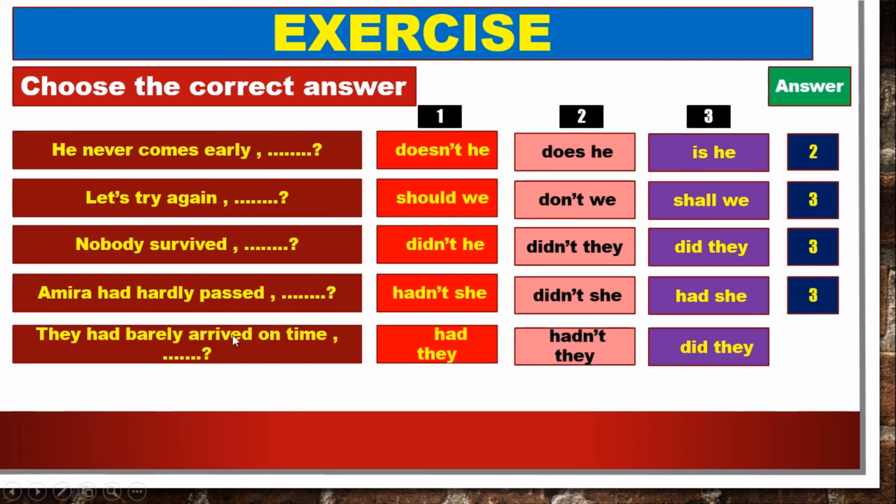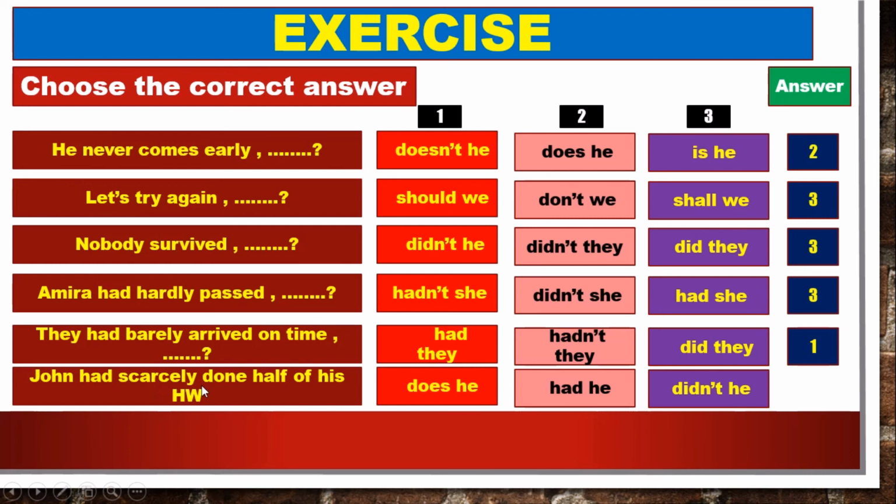Amira had hardly passed. Had she? They had barely arrived on time. As we said, hardly, barely, and scarcely all have the meaning of negative. They had barely arrived on time. Had they? Number 1.